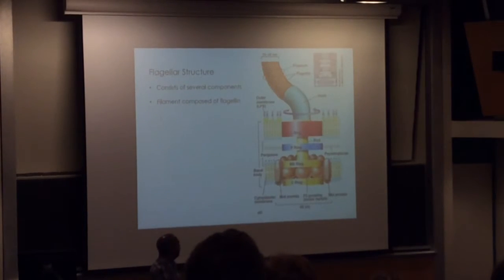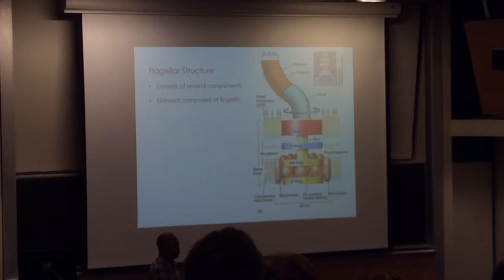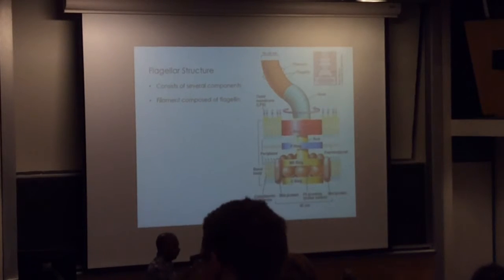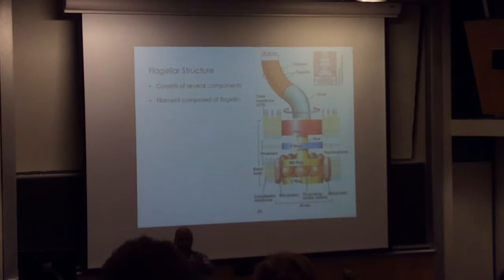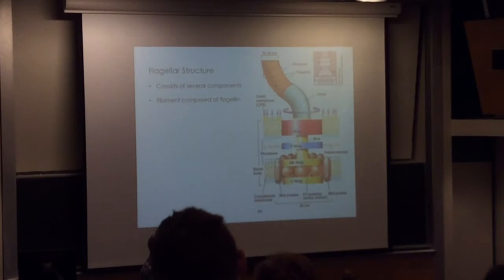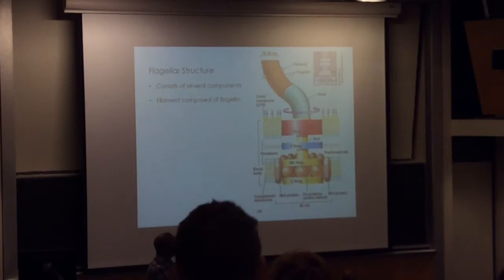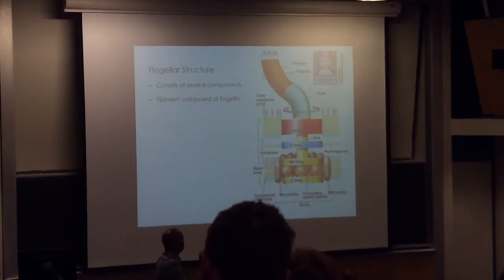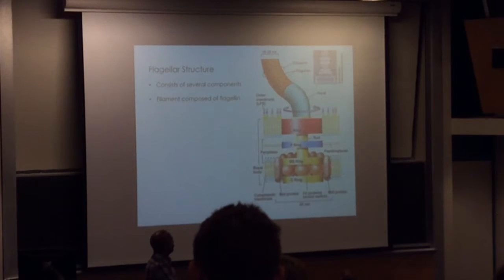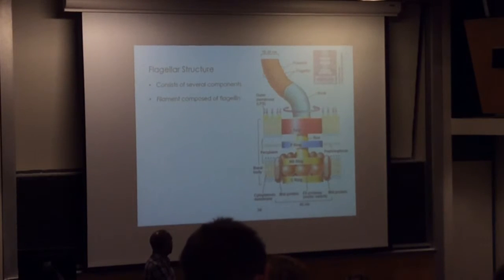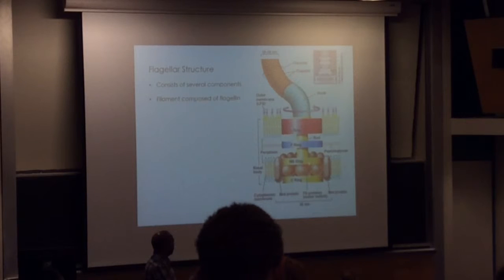What connects the filament to the basal body, which is where all the action happens so that the bacteria can use the flagellum to move, is a part called the hook. It's not straight, it's kind of bent, and looks like a hook. So there is a filament, a hook, and then the basal body here.